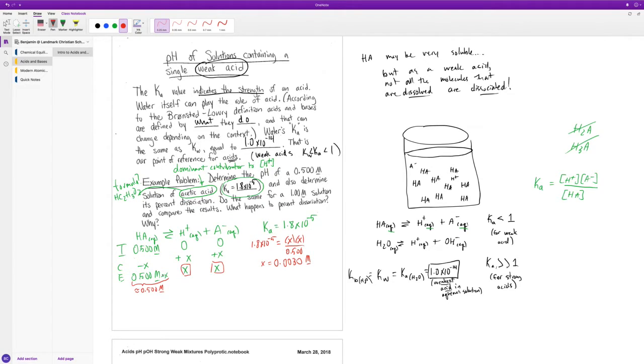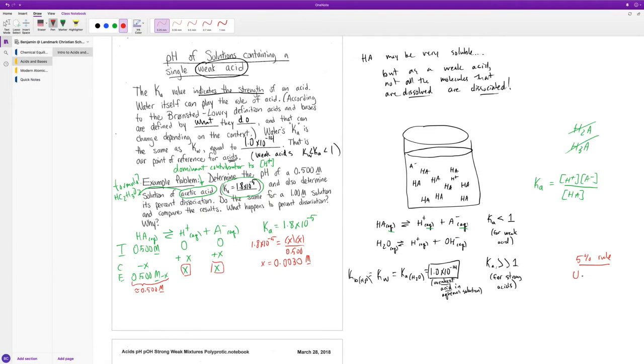I think it does. Okay, there's something called the 5% rule, which you should know about. In general, if this change is less than 5% of this total value up here, our approximation is valid. So, 5% rule, we can use this simplification.